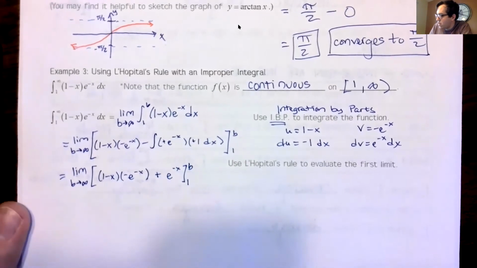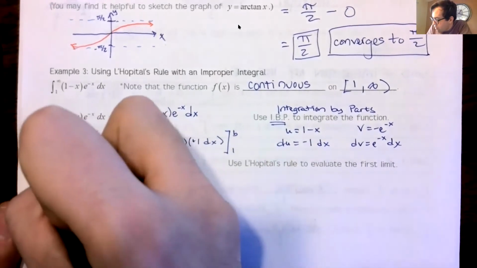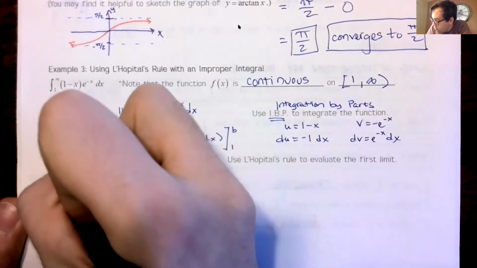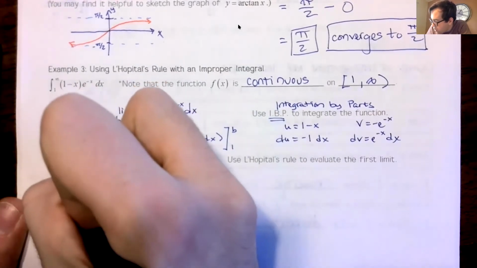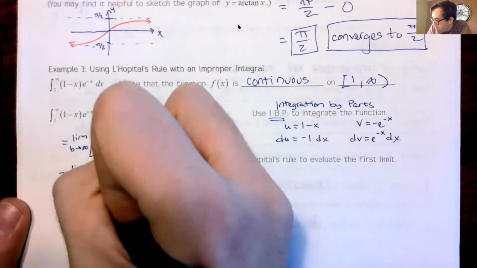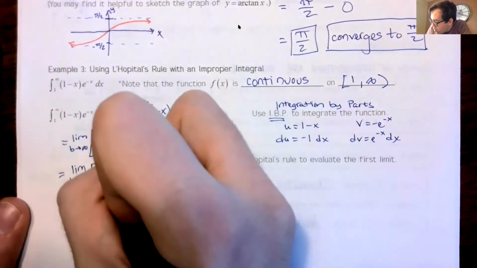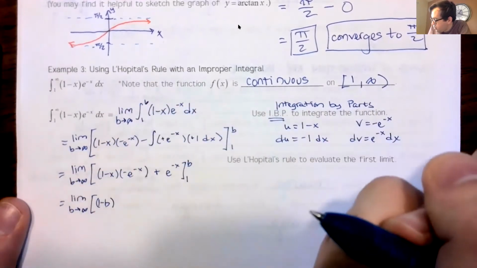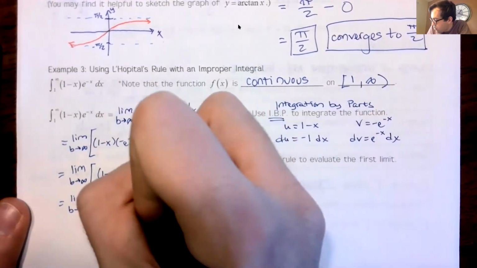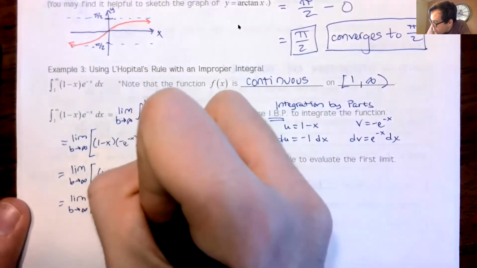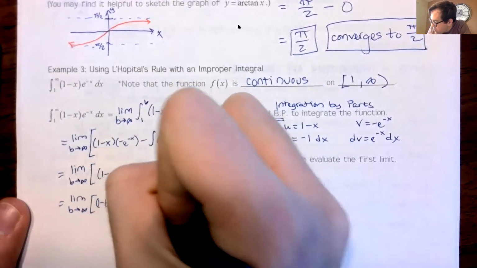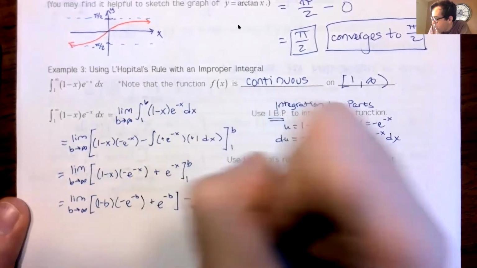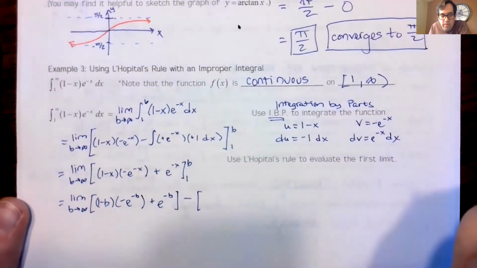Okay. So now we can go one step further. We can actually start to plug in b and plug in 1. For the first part, we'll still have the limit, and we'll have 1 minus b times negative e to the negative b plus e to the negative b, minus plugging in 1 for everything.